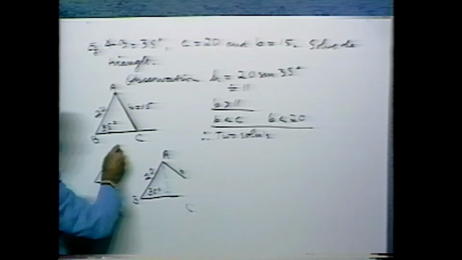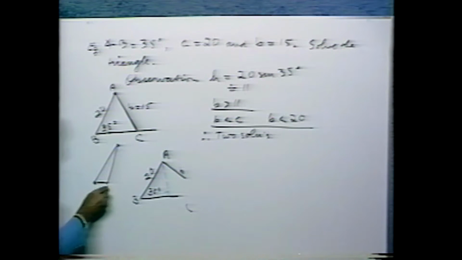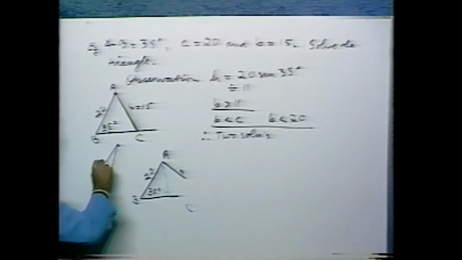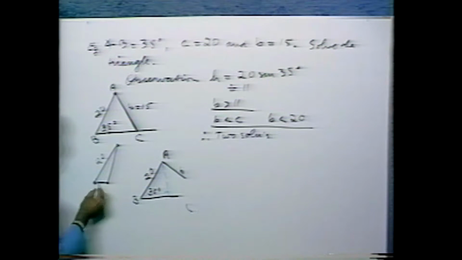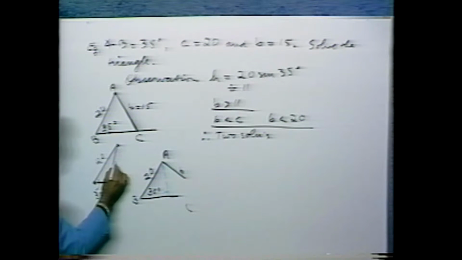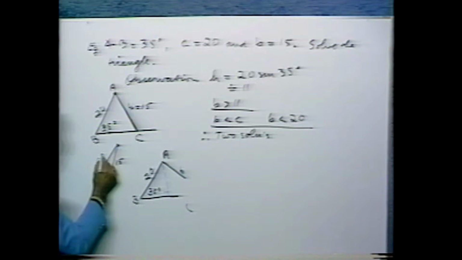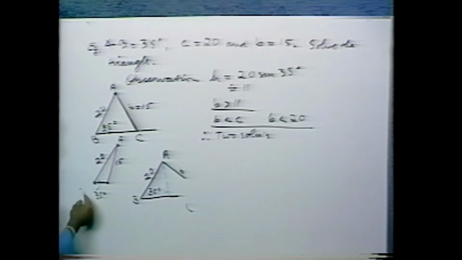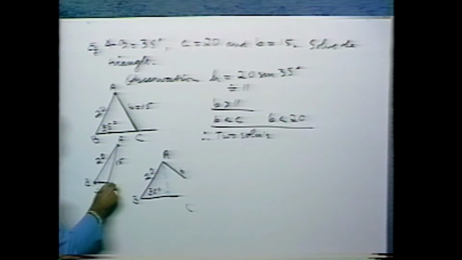This triangle has exactly the same given components as this triangle does. This is still 20, this is still 35 degrees, and B is 15. And so, in solving this triangle, you must solve those two triangles.